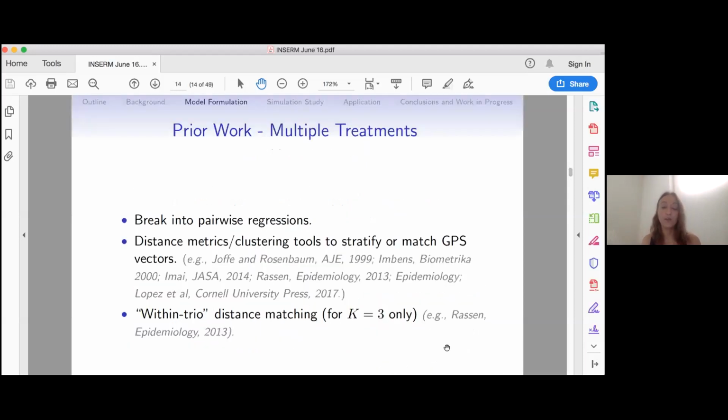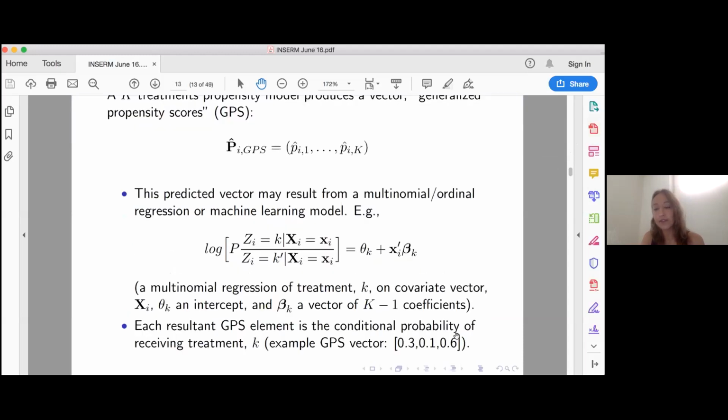All right, so what has prior work done in the multiple treatment setting? Well, the most simple form of analysis was to conduct pairwise regressions, so you stay within the balancing score framework. Others have just used distance metrics and clustering tools to stratify or match GPS vectors. So I find the vector closest to this guy, and maybe I match them.